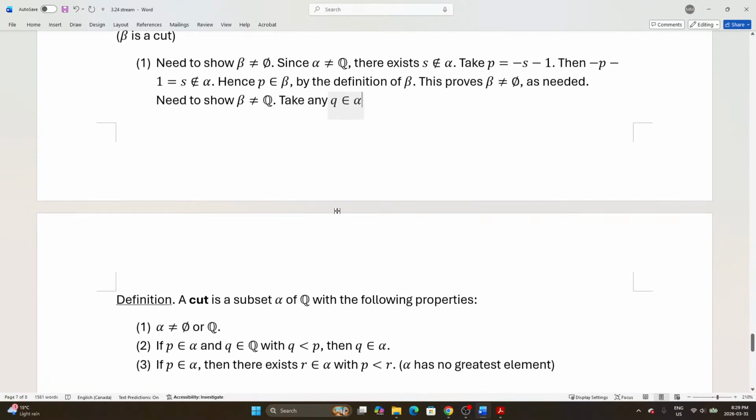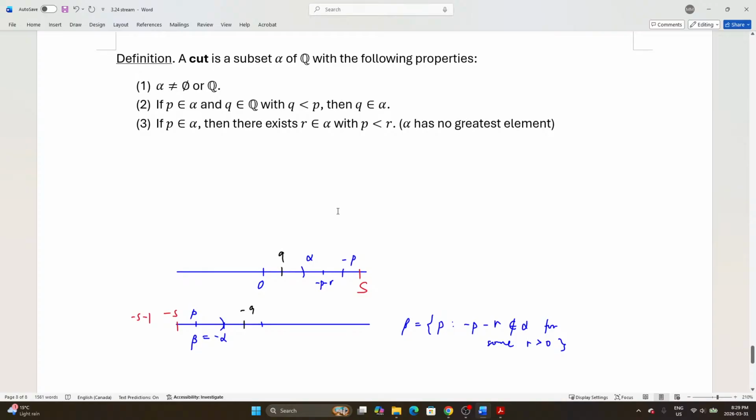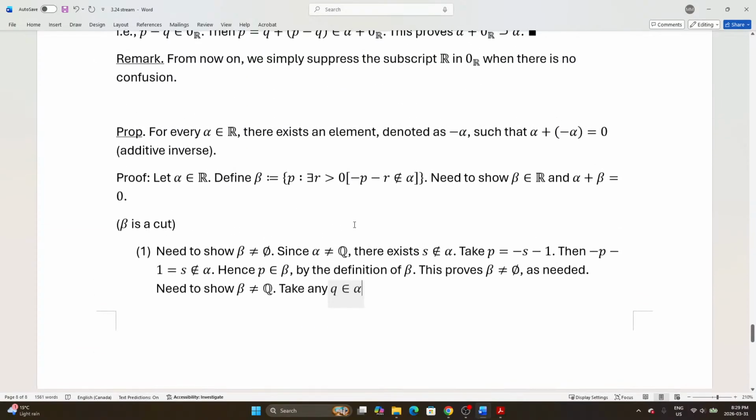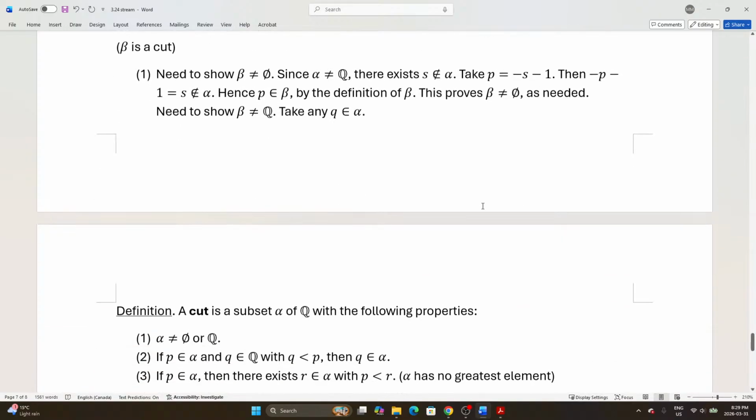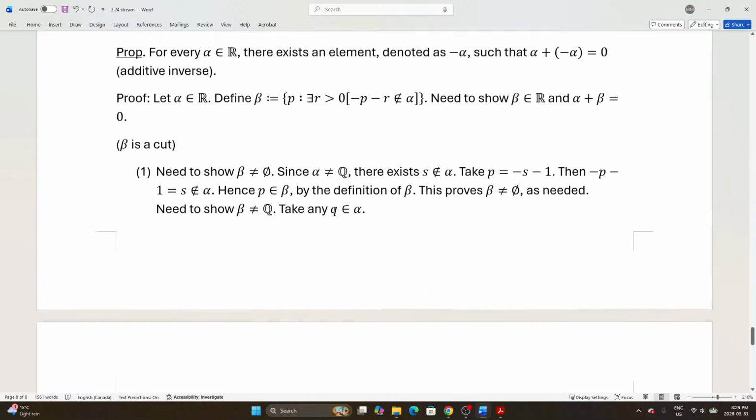Minus Q should not be in beta. Okay, I can't make a quick proof, even though it's right in our face that minus Q is not in beta, but I can't seem to prove it.